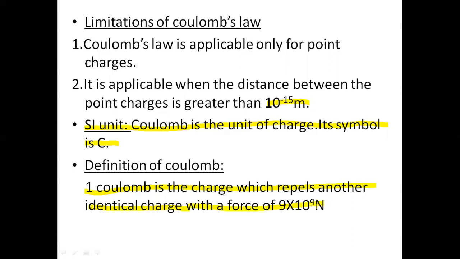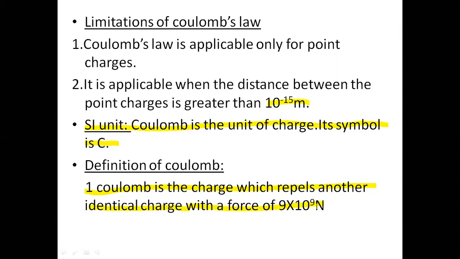Here this value is 1 over 4 pi epsilon naught, which you found in the equation. That value can be written as 9 into 10 raised to 9. So 1 coulomb is the charge required to repel another same charge. To repel that, we need the force of 9 into 10 raised to 9 Newton.